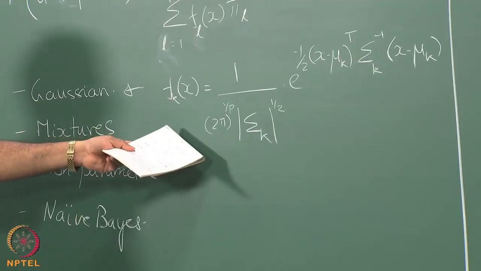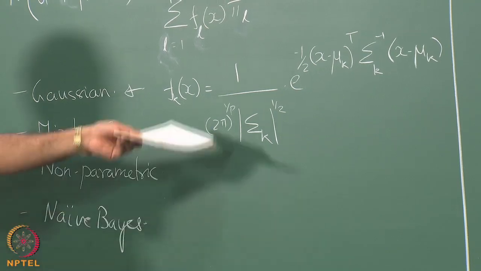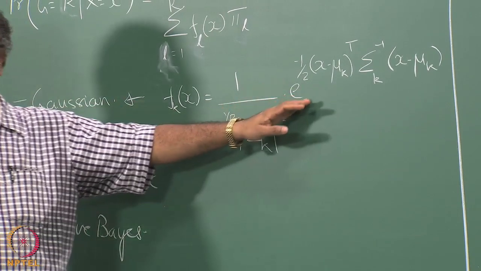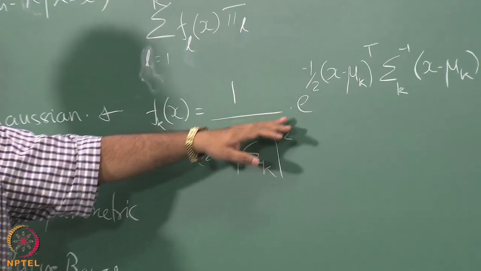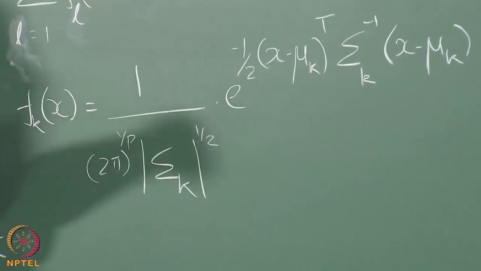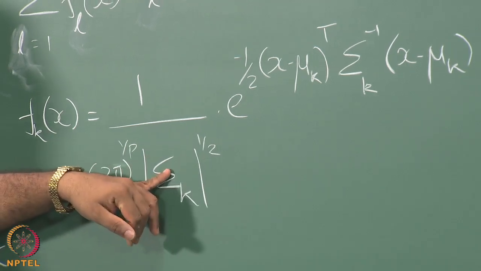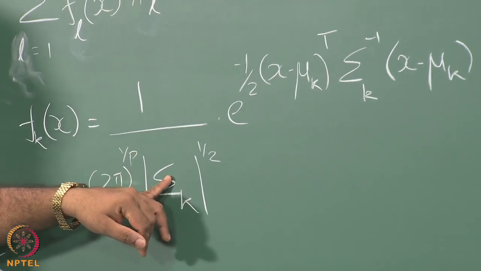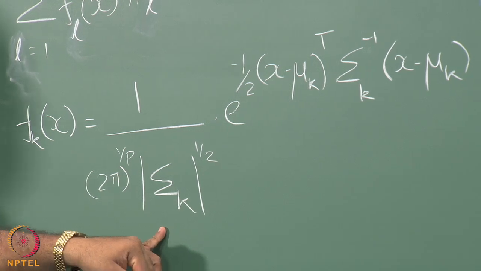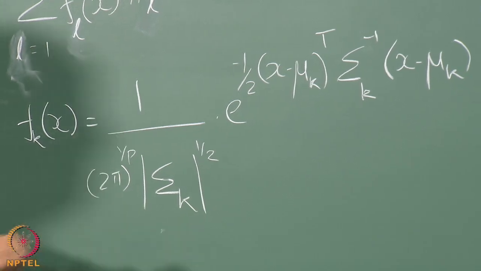That looks familiar. That is the Gaussian distribution. So you have root 2 pi sigma. If I am looking at a univariate Gaussian, I will write the variance here. Looking at a multivariate Gaussian, this is the covariance matrix.